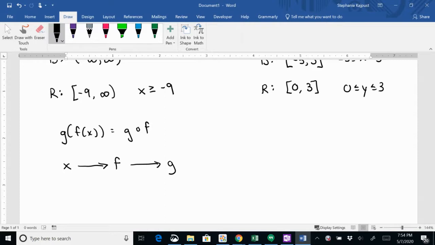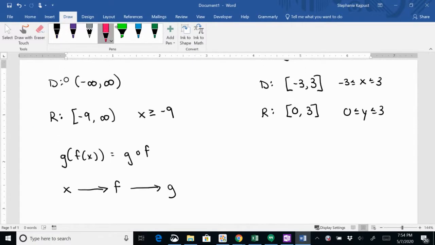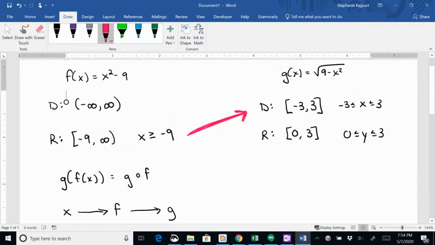So another way to think about it is that the range of f needs to be equal to the domain of g, or these need to be connected in some way, because my output of f is going into g.